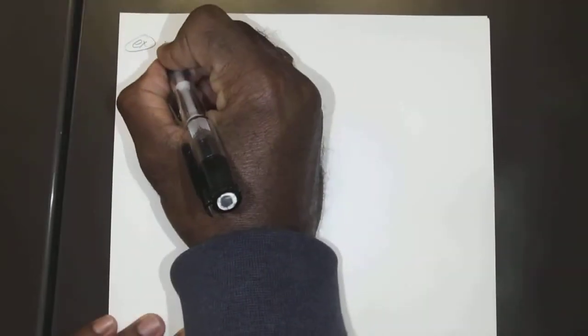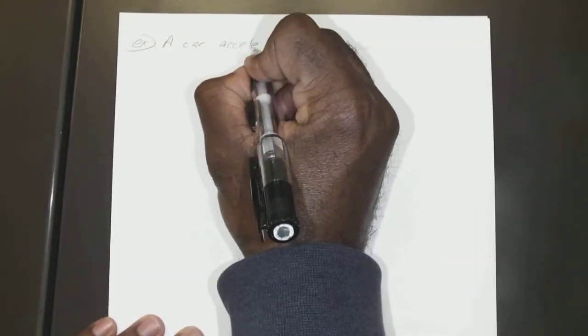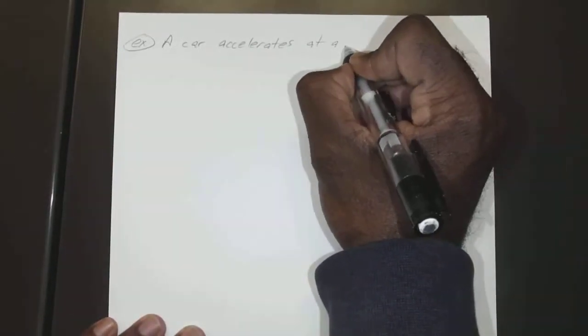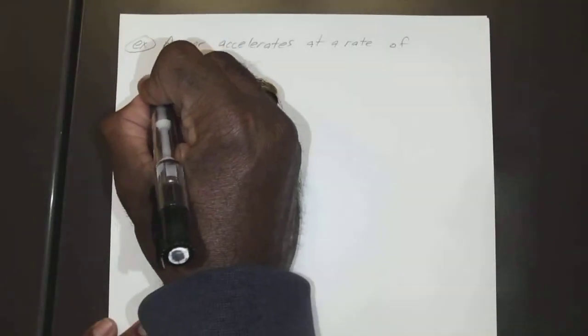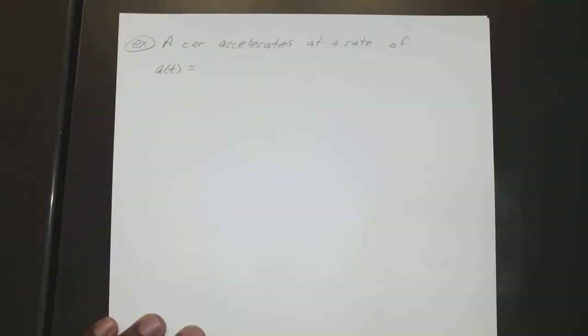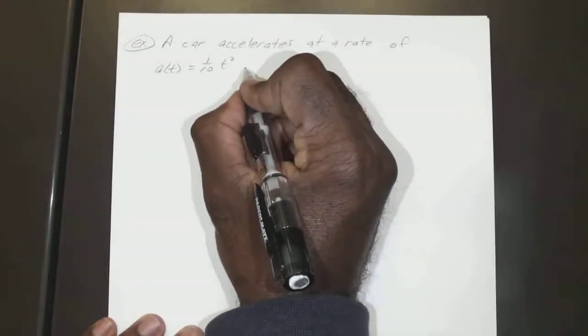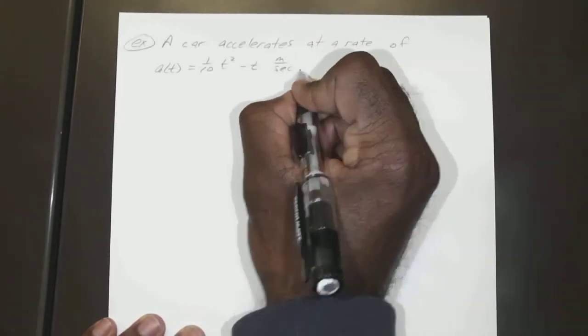Okay, so now if we have a car that accelerates at a rate of a of t equals 1 over 10 t squared minus t meters per second.